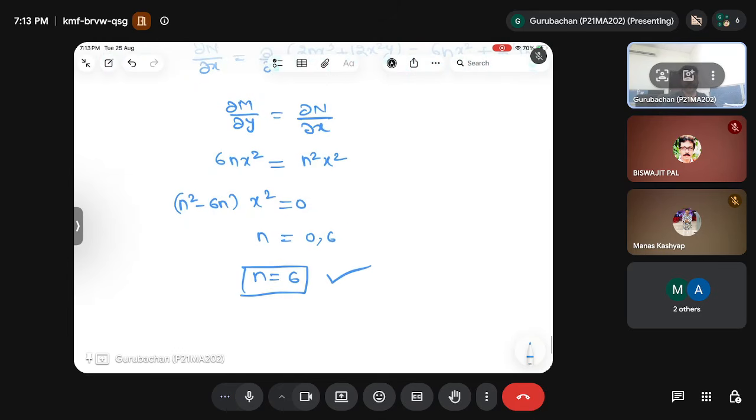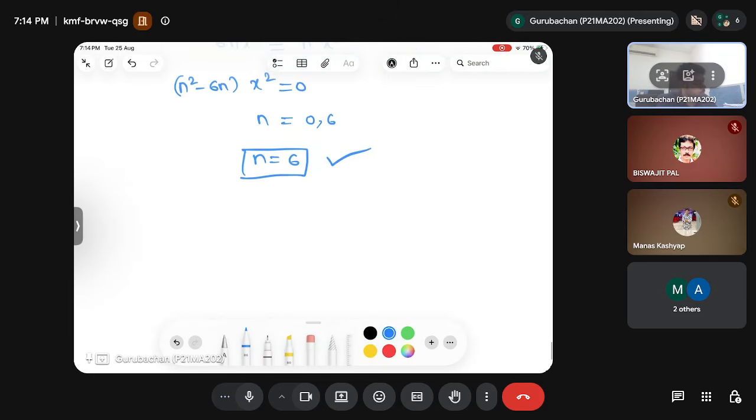Is it clear? Now our next task is to discuss integrating factor. Sometimes your equation is not in the exact form, but after multiplying by some factor, it will become exact. So what are the different forms of integrating factor?